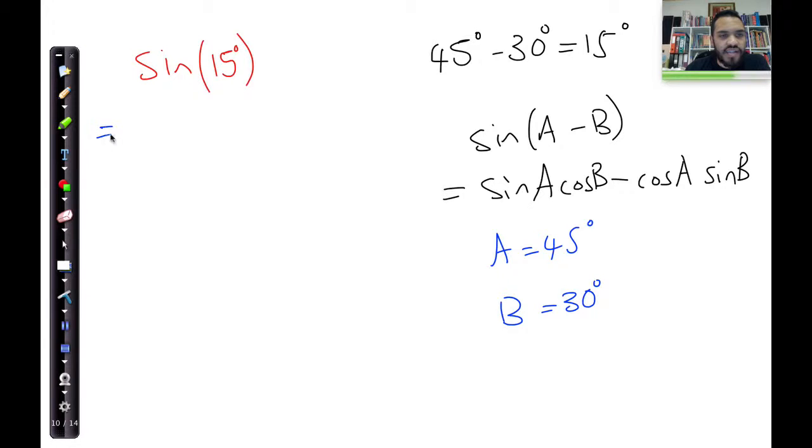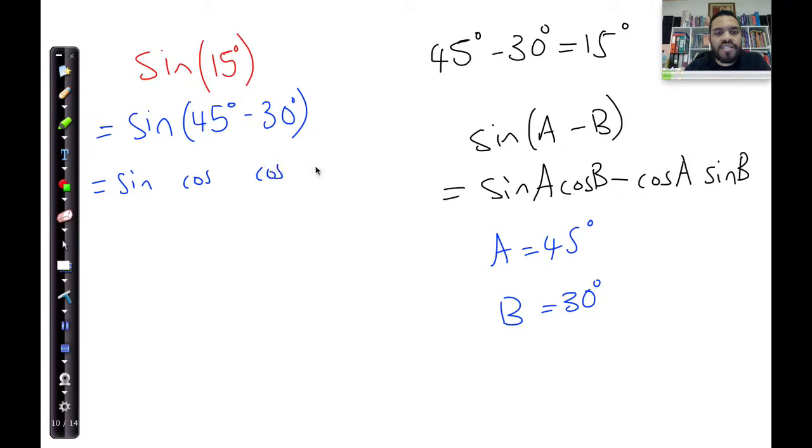So let's see how I can do that. That's sine of 45 degrees minus 30 degrees. Well, that's just sine cos, cos sine, and the minus stays minus. That's A, that's B. Let's make it specific: 45 degrees, 30 degrees, 45 degrees, and 30 degrees. Now these are special angles, angles you know by now.